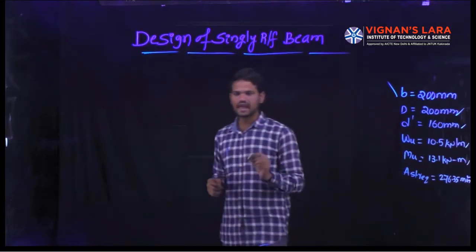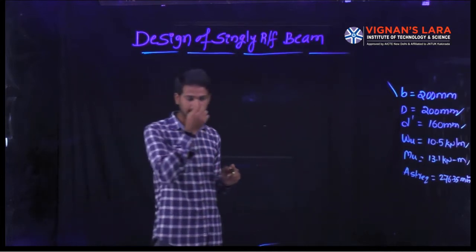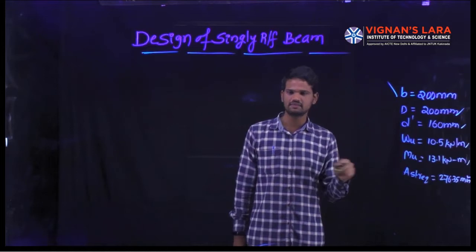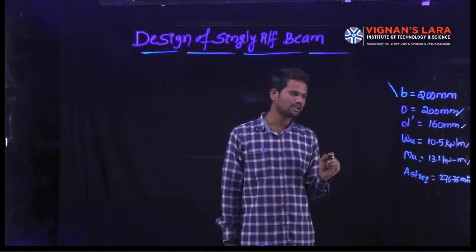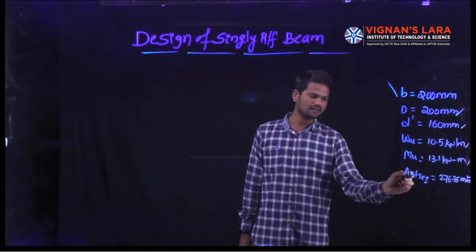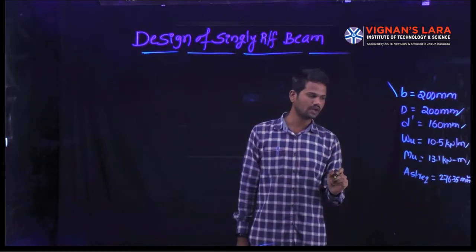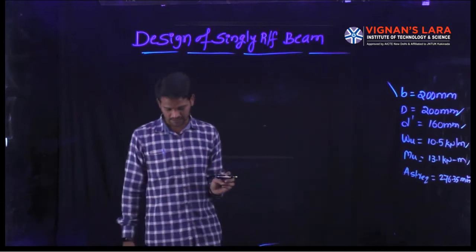This is the load due to the various dead loads and working live load. We also discussed the materials, that is, the characteristic strength of the concrete and the yield strength of the steel. Finally, we calculated the area of steel required as 276.35 mm square. Up to now, these are the steps we have discussed.